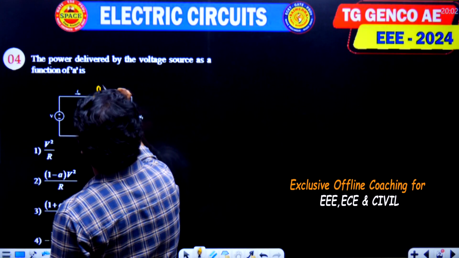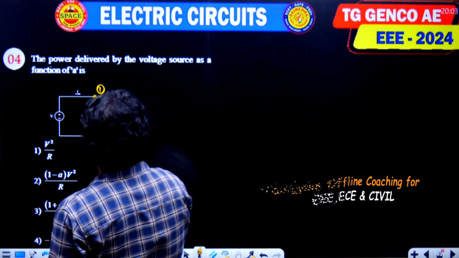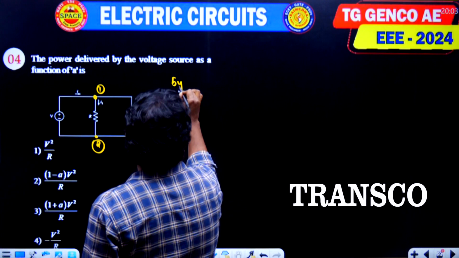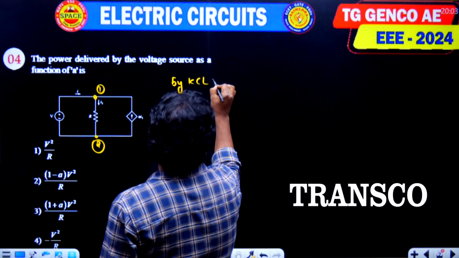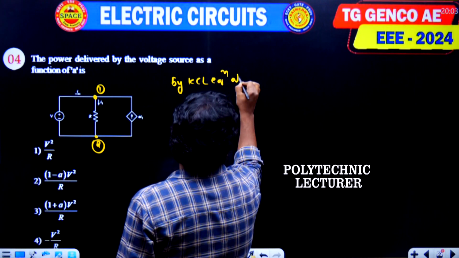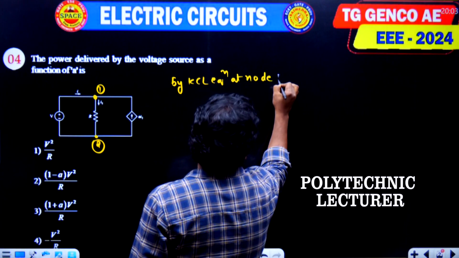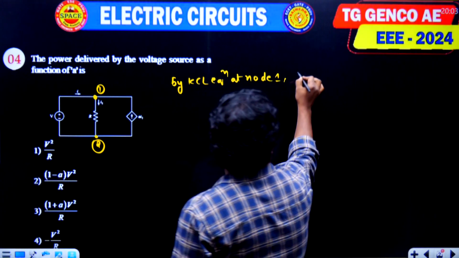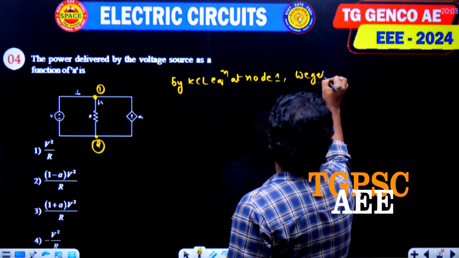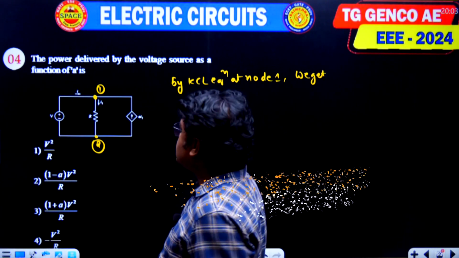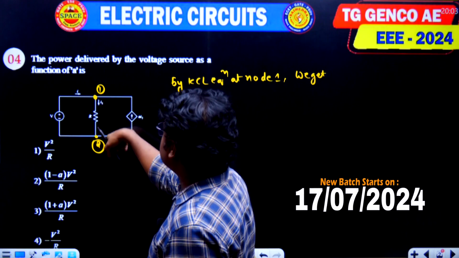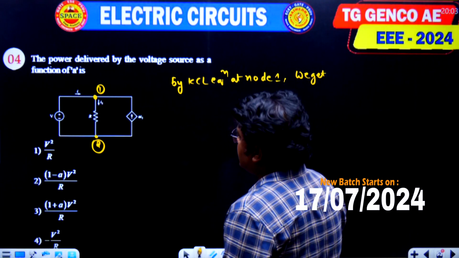Let us assume node number 1 and node number 2. By KCL equation at node 1, the algebraic sum of the currents at a node is equal to 0. This is the outgoing current and this one is the incoming current.